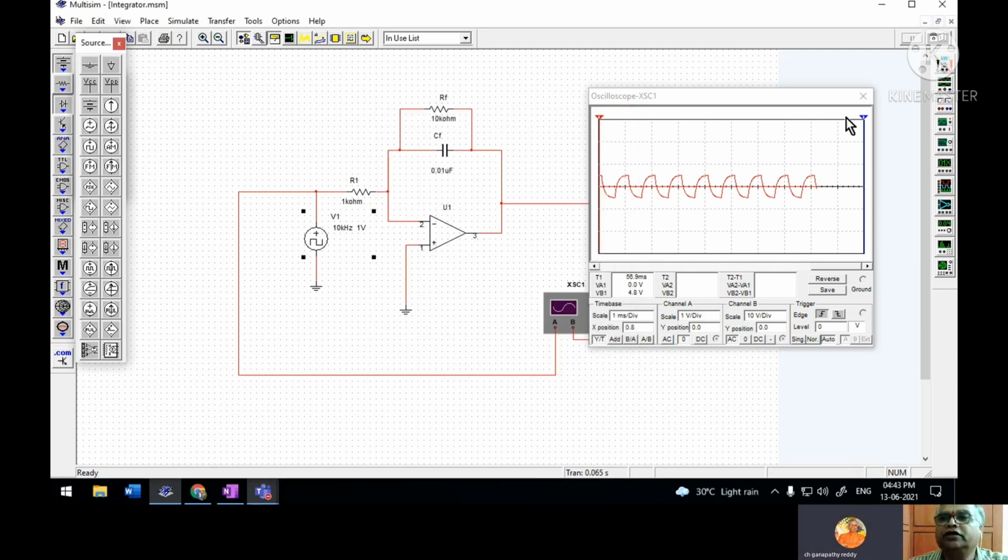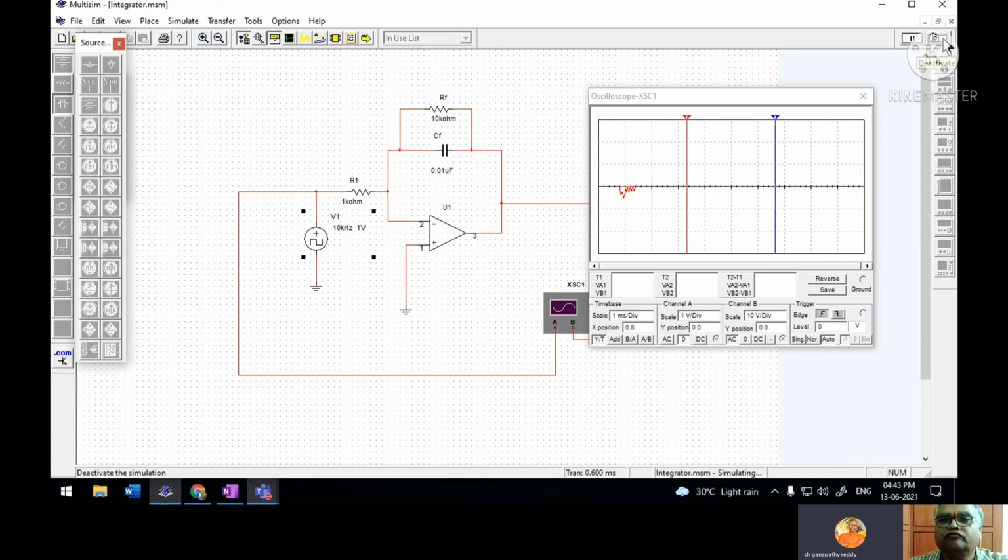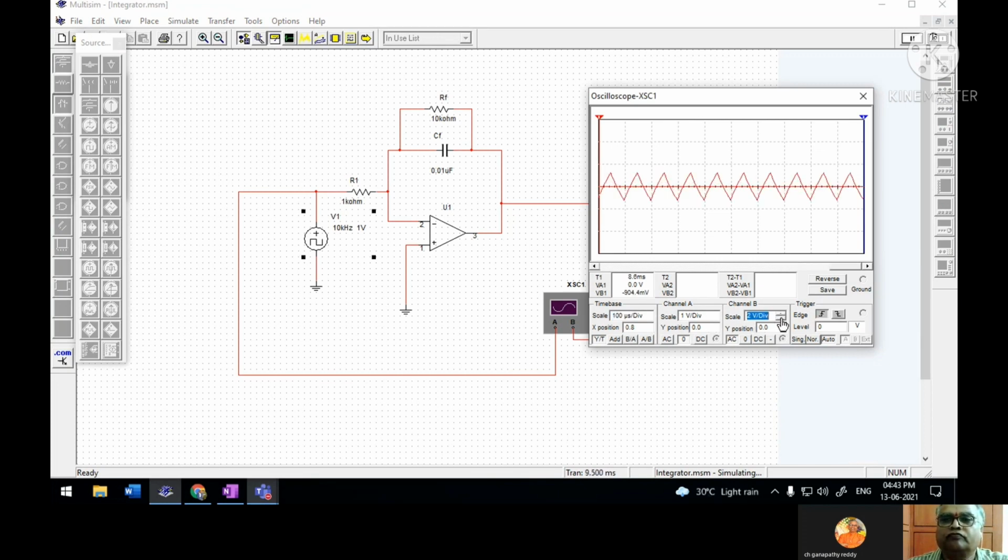It will give better integration. Now we are getting a triangular wave. The square wave is converted to triangular. It works like an integrator. At least more than 10K gives perfect integration.